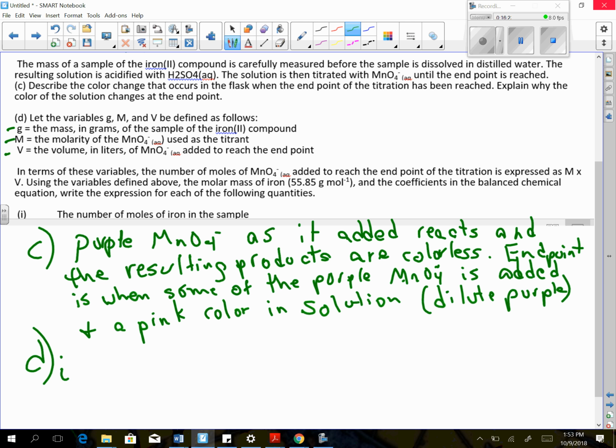And so if we're looking at this, we want to know the number of moles of iron in the sample. That is that iron 2 that we're looking for. And so how would we figure that out?